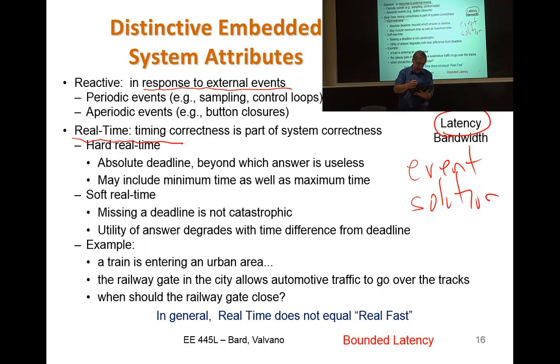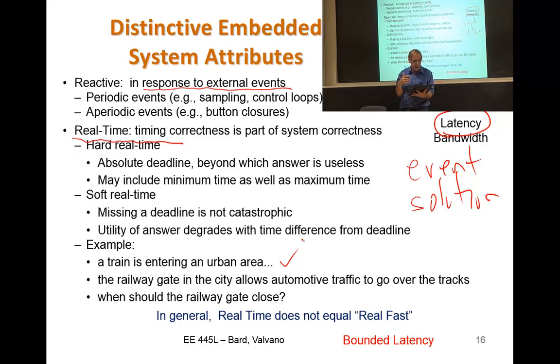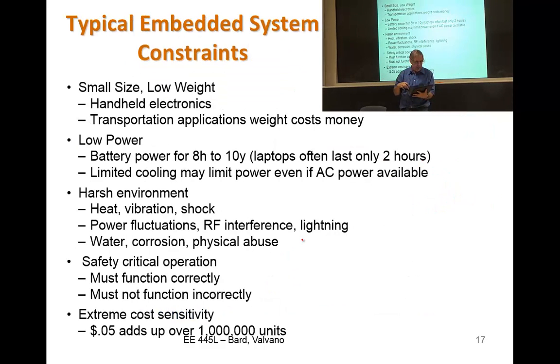If the train is coming into the intersection, that's an event. The question is, how fast does the gate close? In a real-time system, if you miss the deadline, people die. If you miss the deadline, don't bother, because the train's already passed. No sense putting down the gate. So this will be very, very important for us to deal with responding.